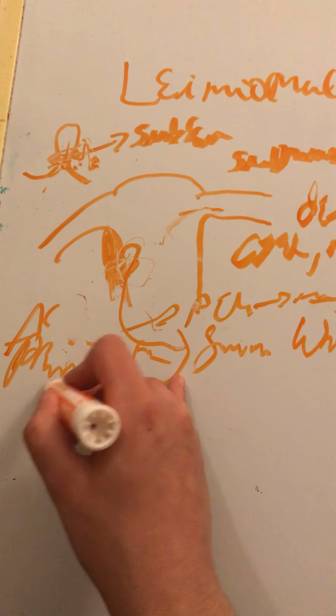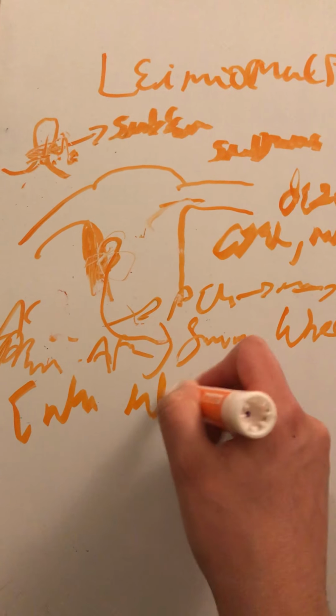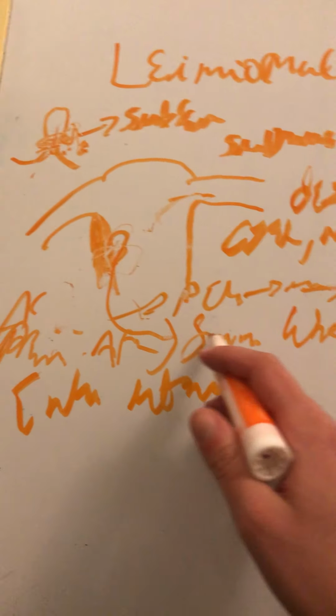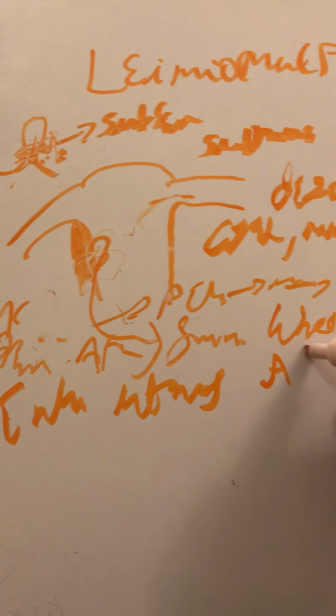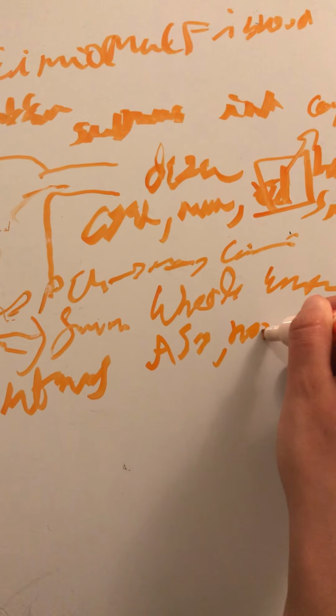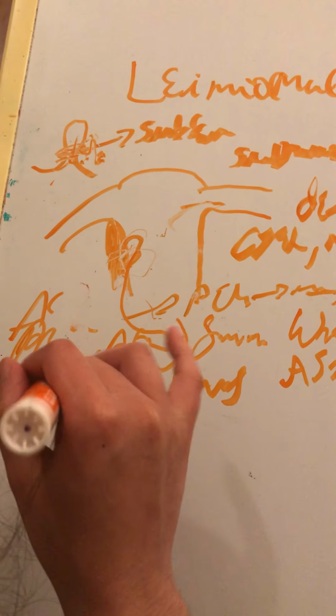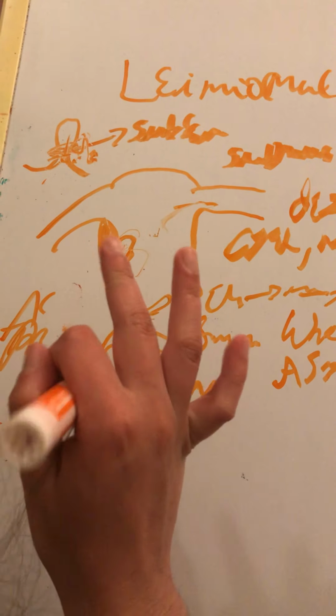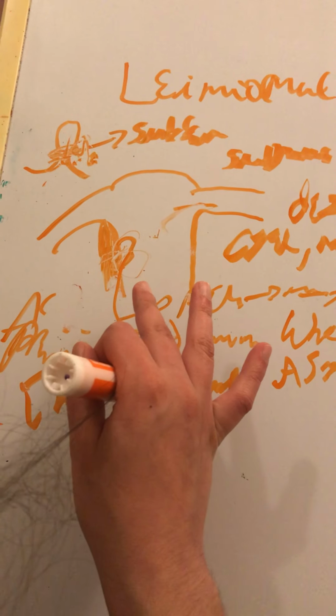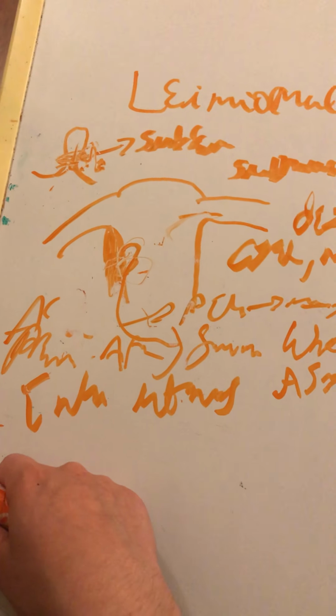You will see an enlarged, asymmetric, non-tender uterus. Remember, there are 4 causes of enlarged uterus: pregnancy, leiomyomas, adenomyosis, and endometrial cancer.